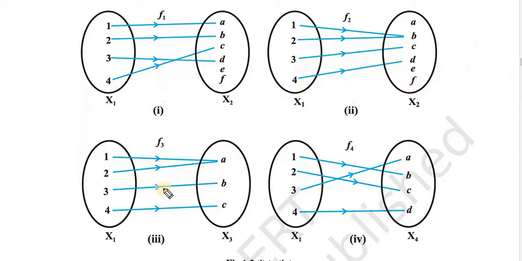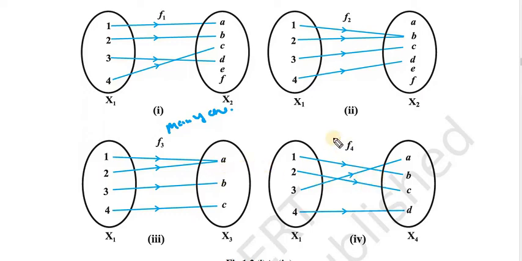Okay, similarly you just see here. You see 1 and 2 are going to A. So this is not 1-1. This is a many one function. Okay, is this onto? You see there is no point in y which doesn't have a pre-image. Every point has a pre-image. So this is an onto function.